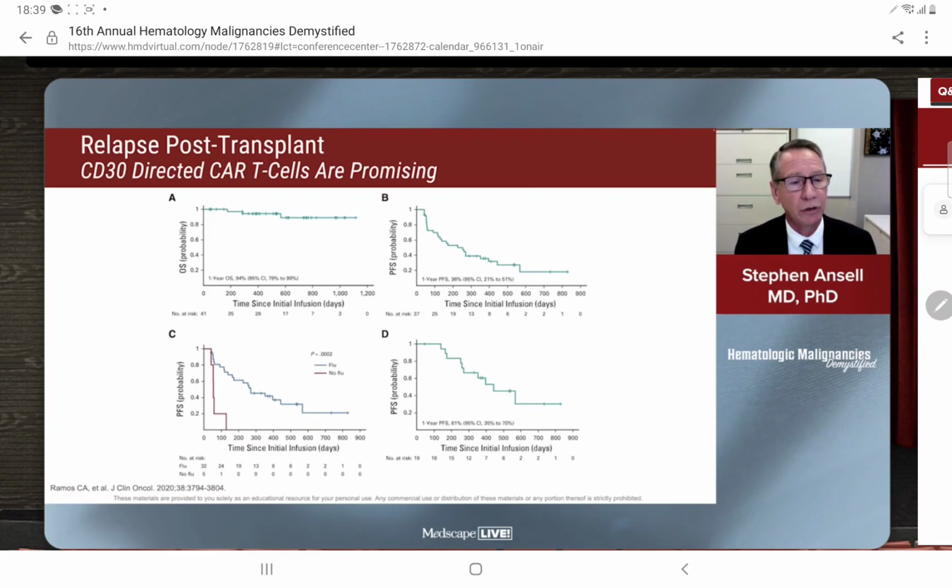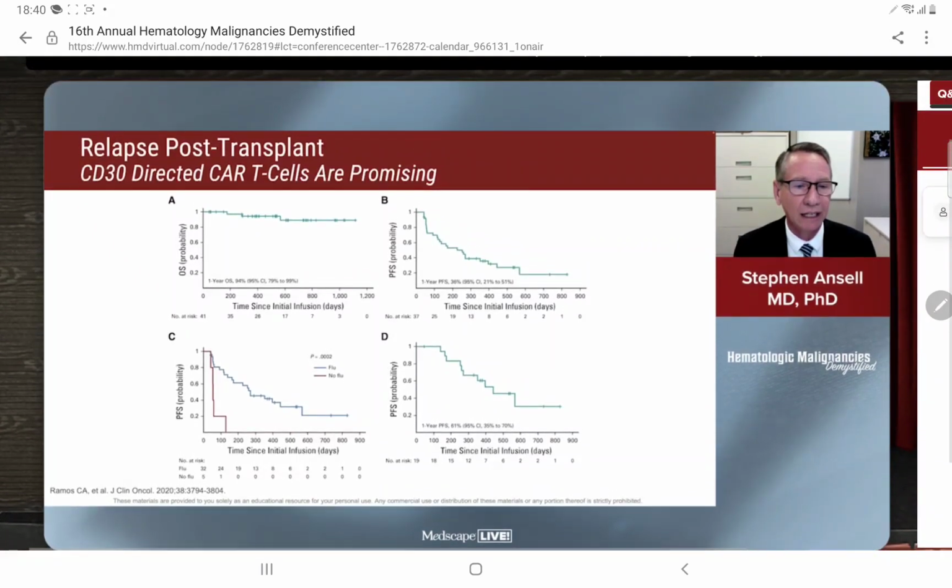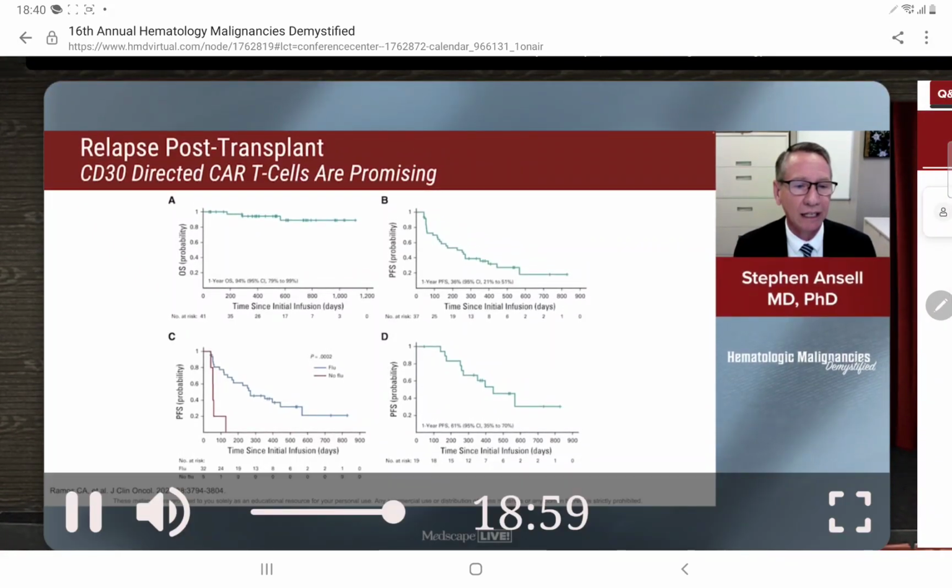The first is utilizing a CAR T-cell approach, which is very similar to what's done in large cell lymphoma.